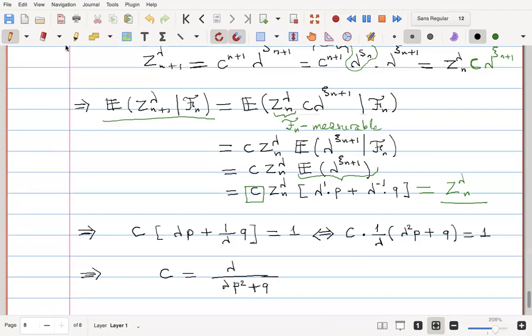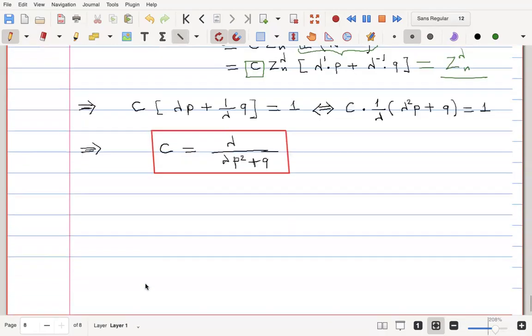So this is our expression of C. Good. And it's a positive quantity. Lambda is positive, so it's a positive quantity. A depends on lambda, you can see.